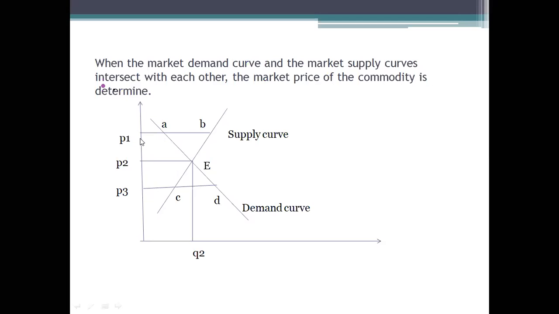Now if price P1 increases, demand reduces and supply increases. So this much AB is the amount of excess supply, and this amount will not sell. The producer is not able to sell it in the market. To sell this excess supply, the producer has to reduce the price of the commodity. Suppose they determine their price at this point.